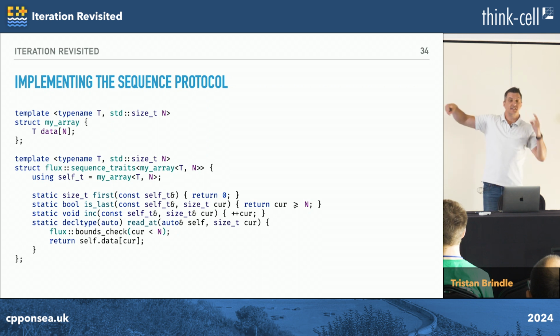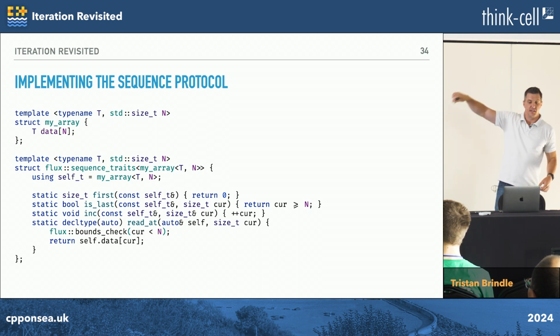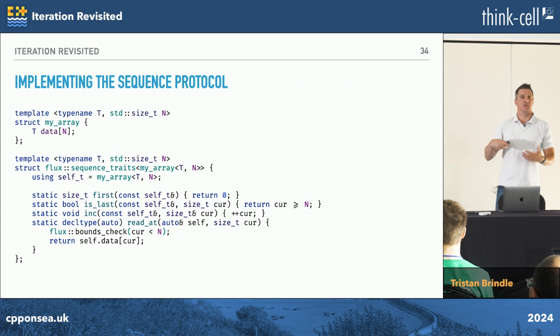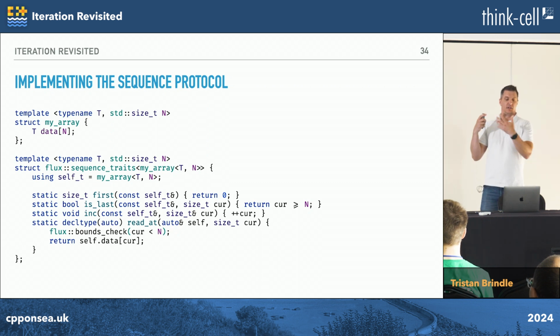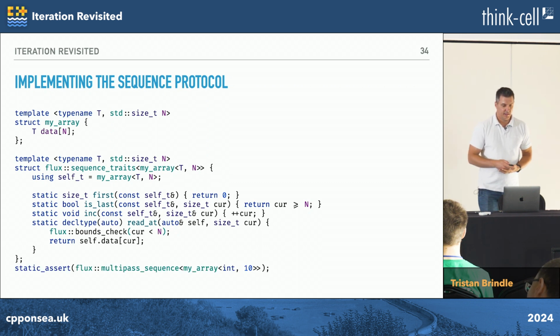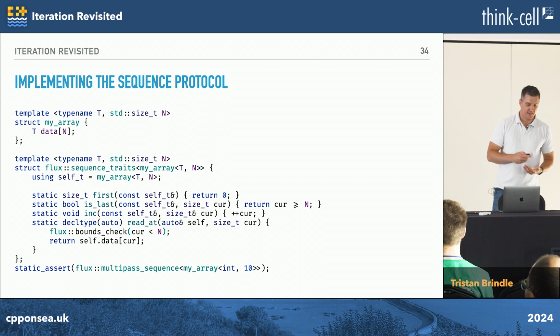In fact, this is going to be a multi-pass sequence because size_t is a regular type. So the Flux machinery is going to assume, since we haven't opted out, that myArray is in fact a multi-pass sequence. And yes, we can static_assert that this is a multi-pass sequence.